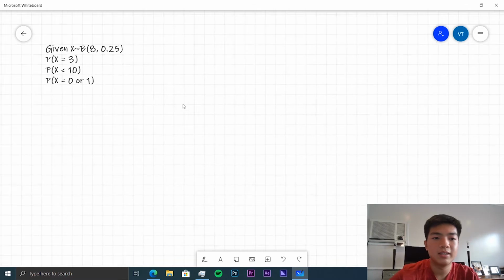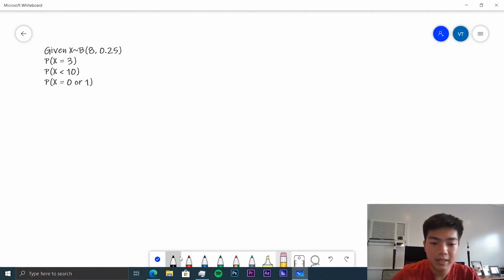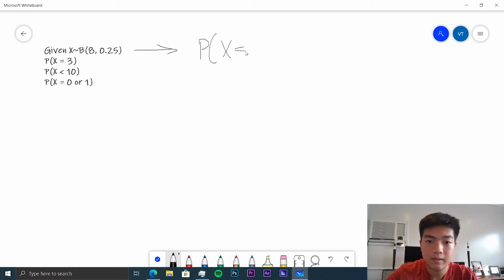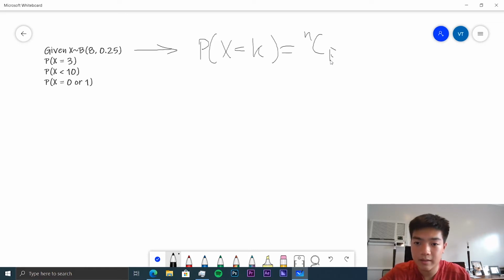The probability that X is equal to 3: we know that the probability function for this is n choose k times p to the k times 1 minus p to the n minus k.